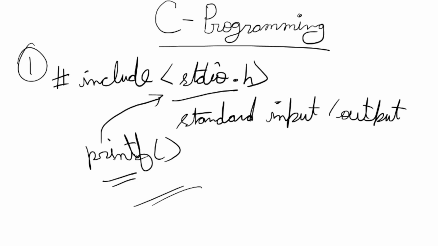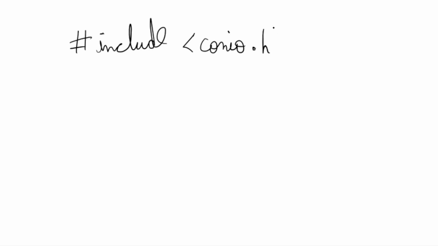Now move on to the second one, which is hashtag include conio.h. Conio stands for console input output.